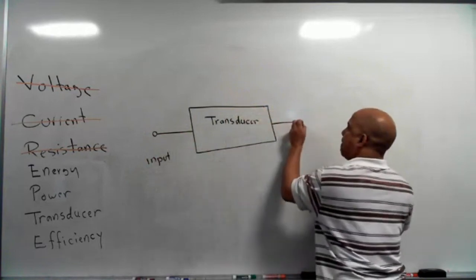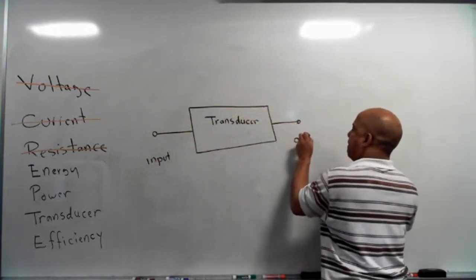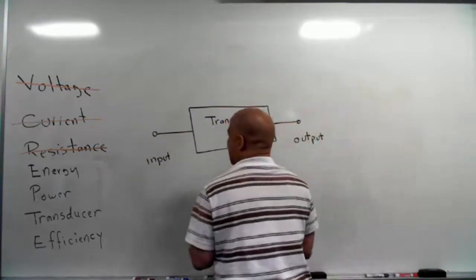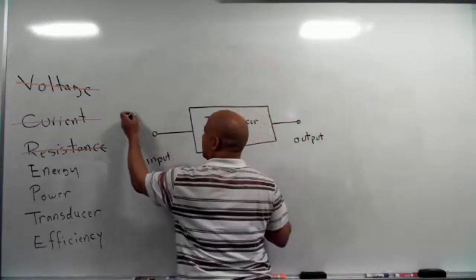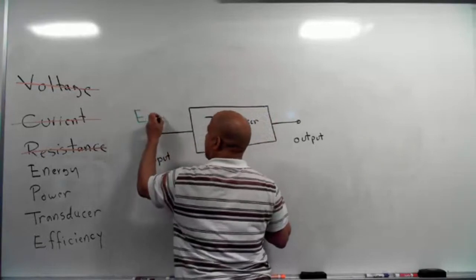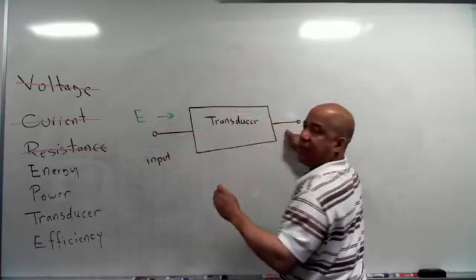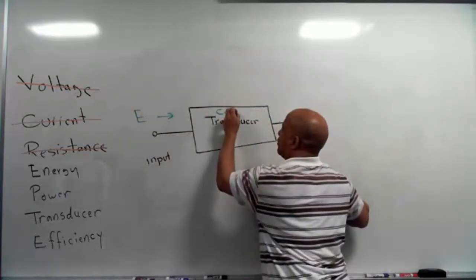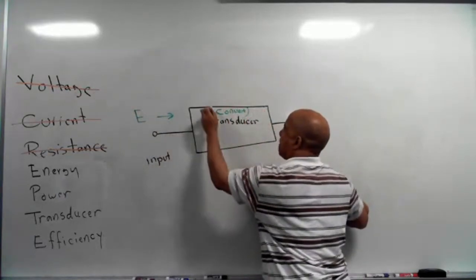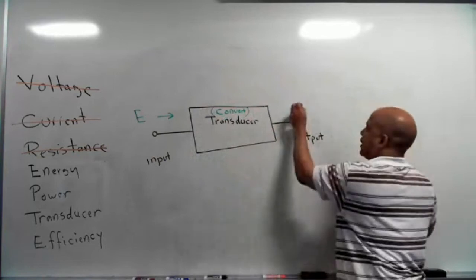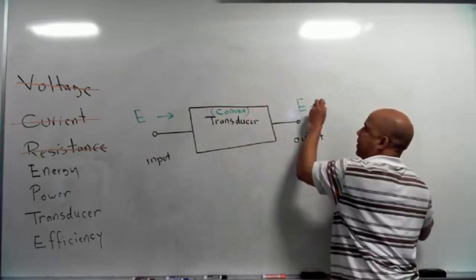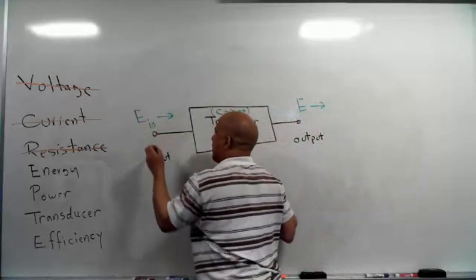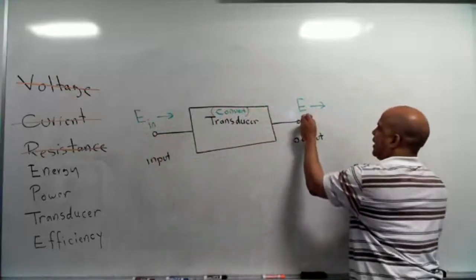Here's the output. So what happens, I'm going to get energy flowing into this, and this will convert the energy. So there's some kind of converting here. I'll get some other kind of energy coming out. So the energy going in, I'm going to call that E in, and the energy coming out, I'll call that E out.